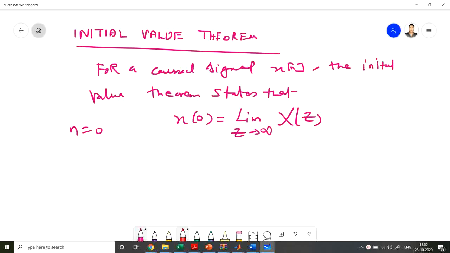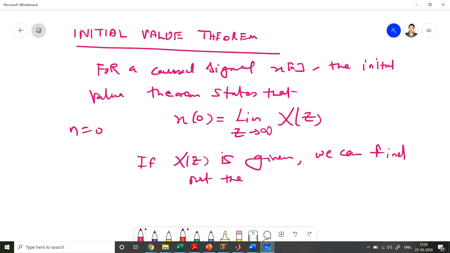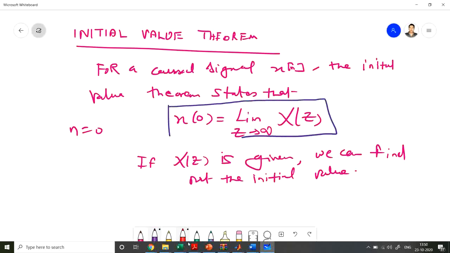If you analyze this expression, you can find that if X(z) is given, then we can find the initial value of x(n) by using the initial value theorem.